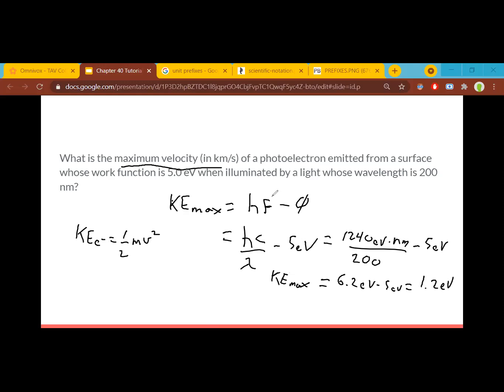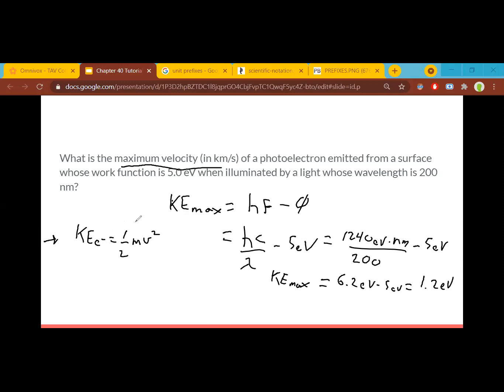So we can now use the formula for kinetic energy here to get the velocity, knowing that kinetic energy is 1.2 electron volts. However, mass is in kilograms, velocity is in meters per second. So to properly work this out, we need to convert the kinetic energy that we found to joules.